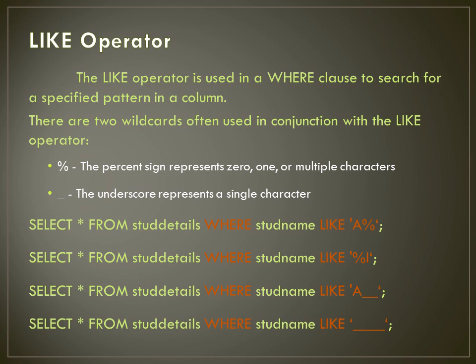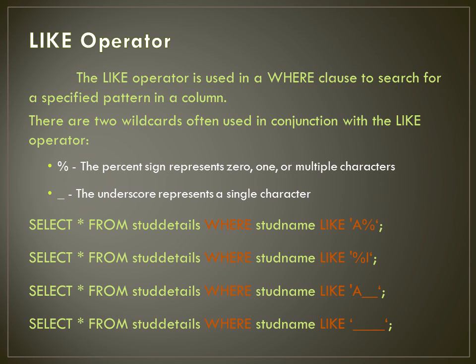Like operator. Like operator is used in the where clause to search for a specific pattern in a column. There are two wildcards often used in conjunction with the like operator. First is percentage. The percentage sign represents zero, one or multiple characters.